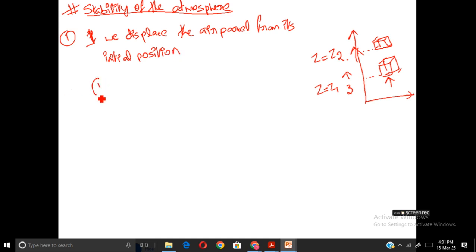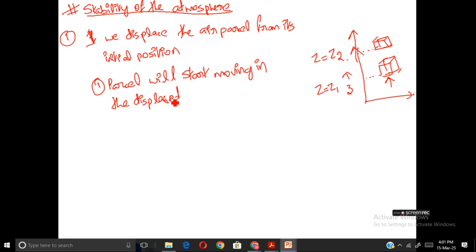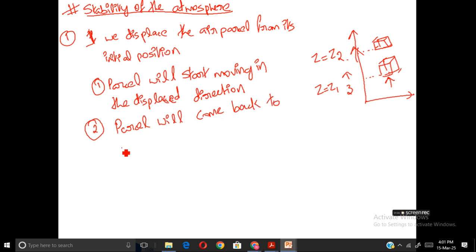there are two possibilities. First, the parcel will start moving in the displaced direction.